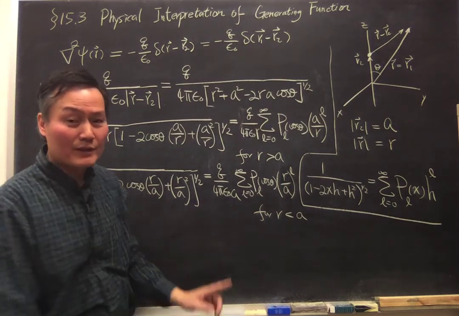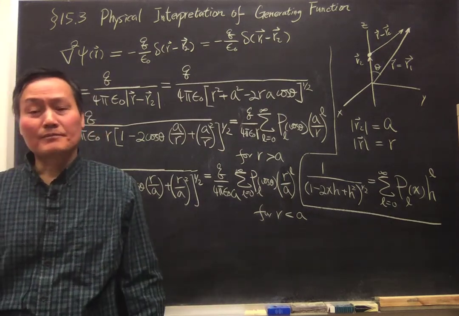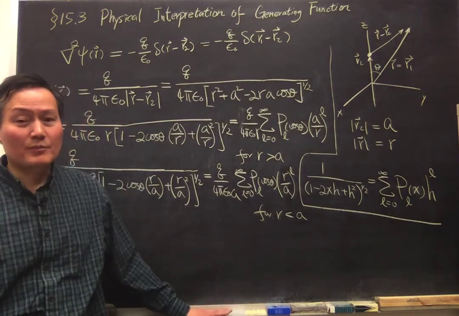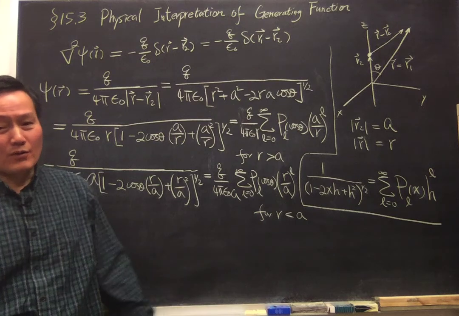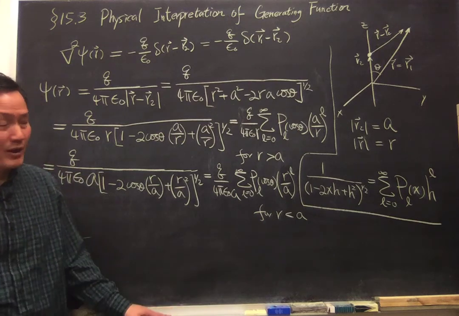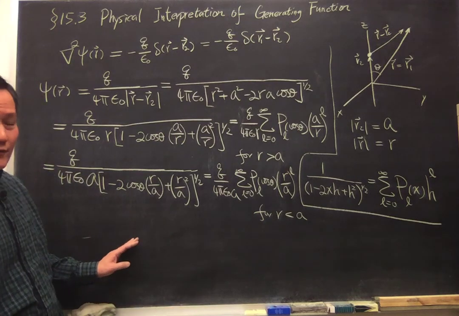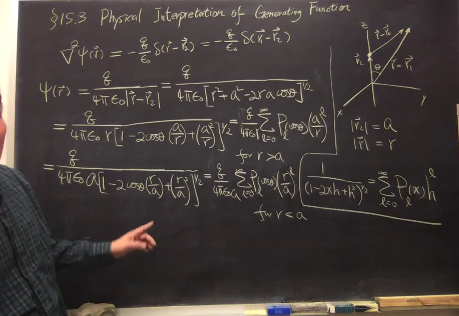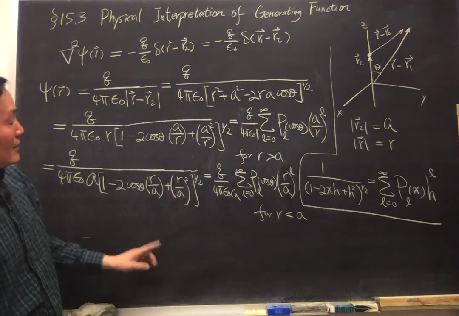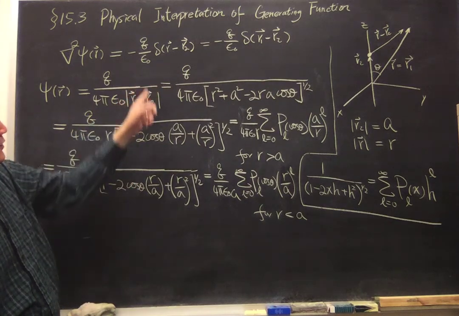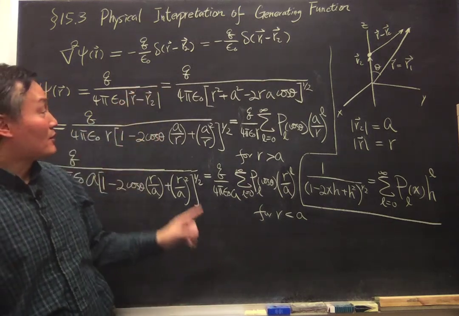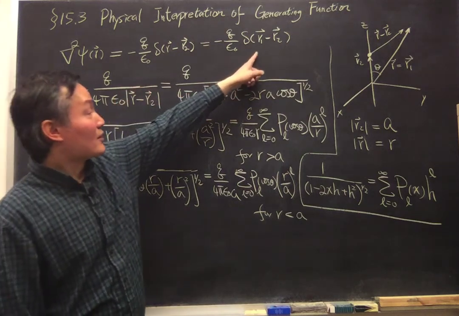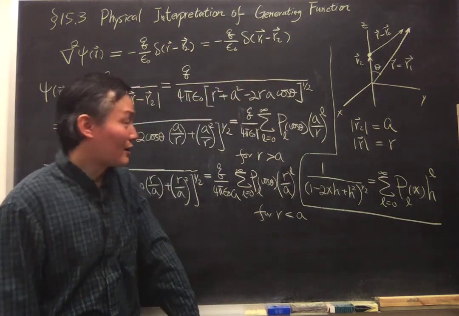Now this is a special situation where we know how to solve the point charge problem, but we mentioned in the partial differential equation chapter the Poisson equation or Laplace equation. Solving the Green function is exactly like solving a point charge problem. We mentioned that the Green function for the Poisson equation is simply 1 over the distance R1 to R2.